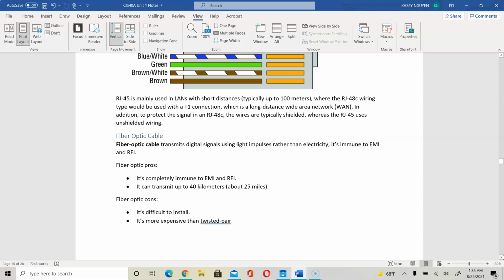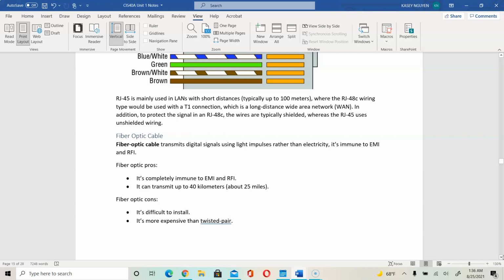So when I need to connect one building to the next building and they are maybe a few miles apart, then I want to use fiber optics, if I care about data transmission reliability and also fast speed.